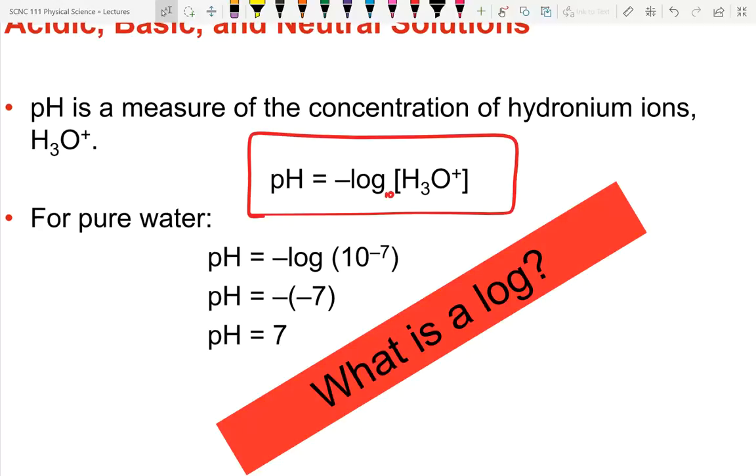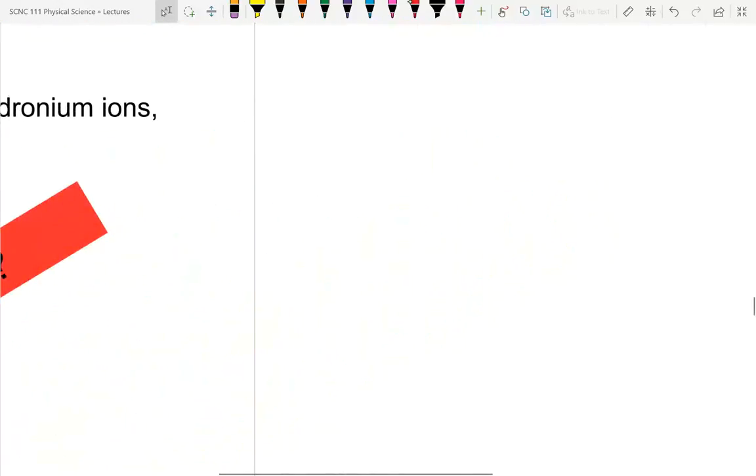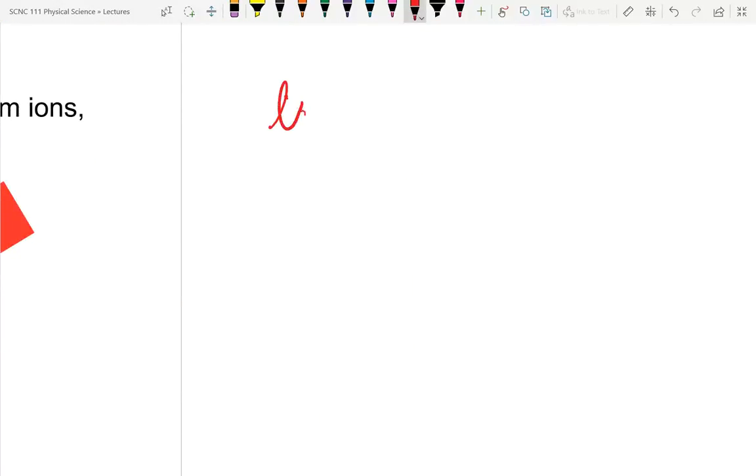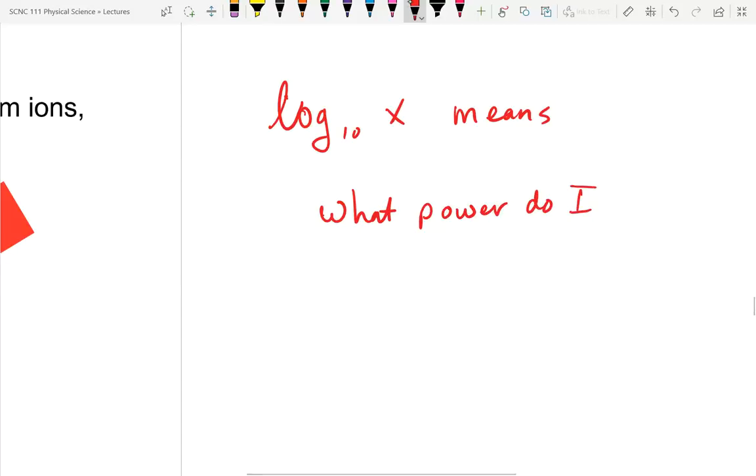So here's what log base 10 means: what power do I raise 10 to get x?